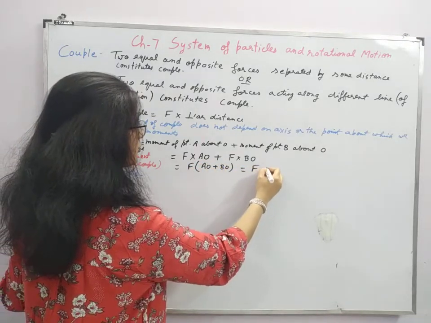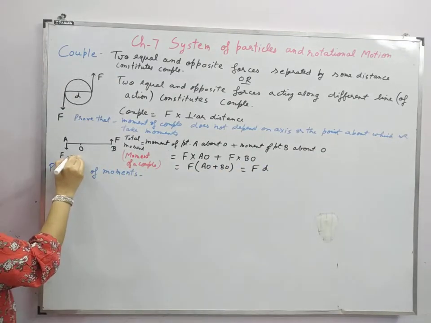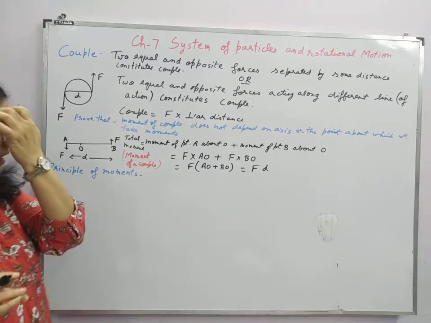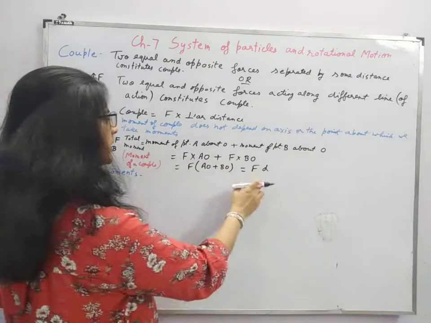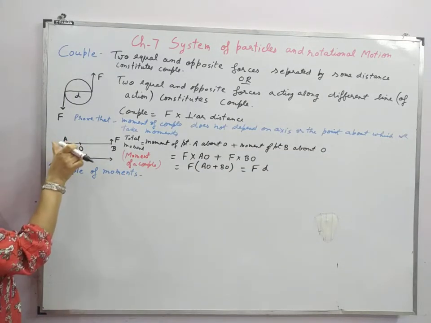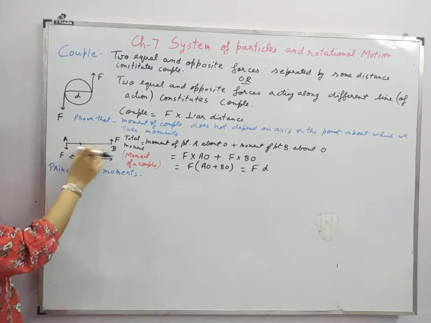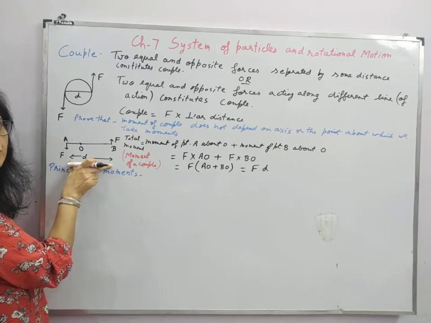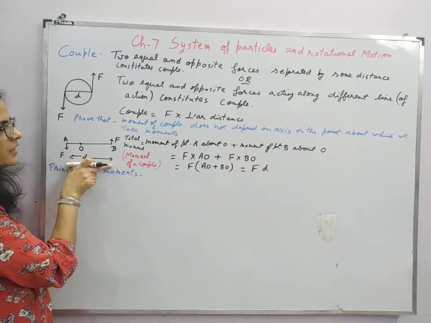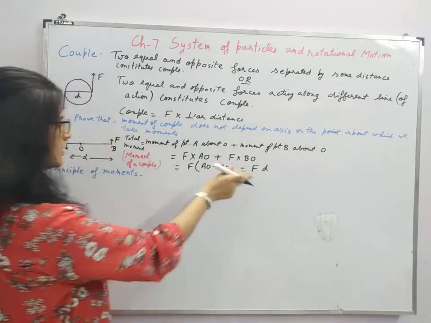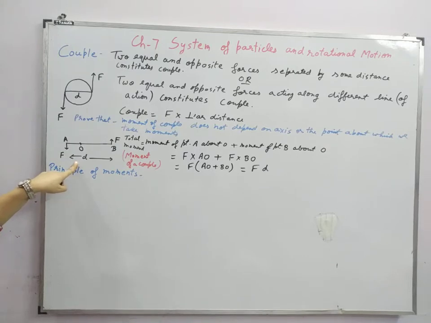This gives me F into D, if I say that this total distance is D, the separation between A and B. So whatever point about which we are taking the moment, the total moment of a couple of these two equal and opposite forces depends on the separation between the two points at which we are applying the forces. So this is clear that the total distance between the two points is involved here, which means it does not depend where the point O is, right?